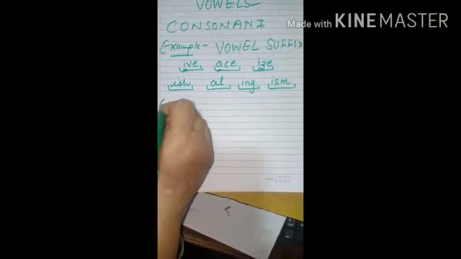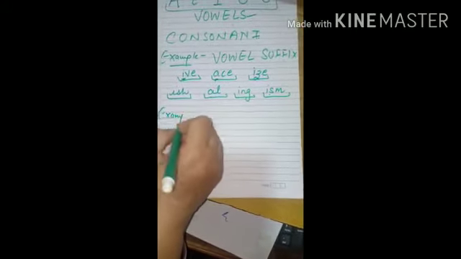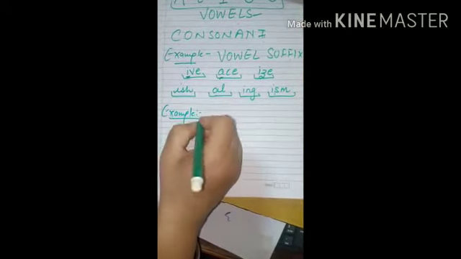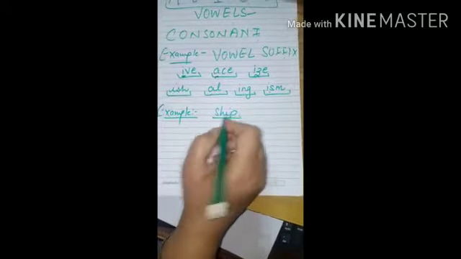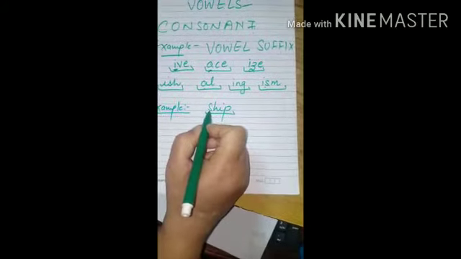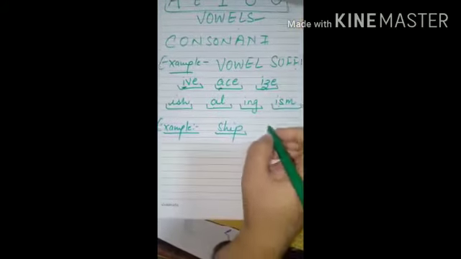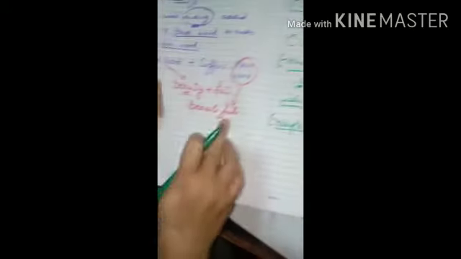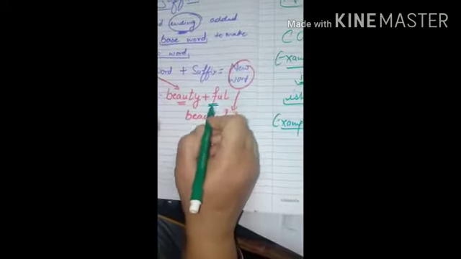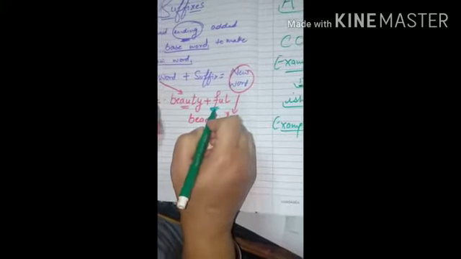And some examples of consonant suffixes are ship. S is not a vowel, so it's a consonant. Full, the example that we did before, beautiful, so this F is a consonant suffix.